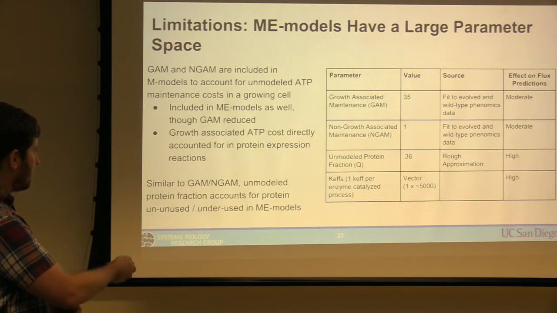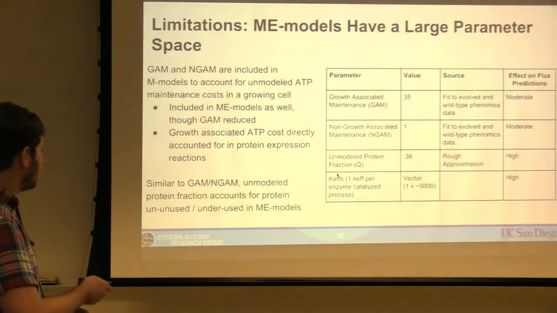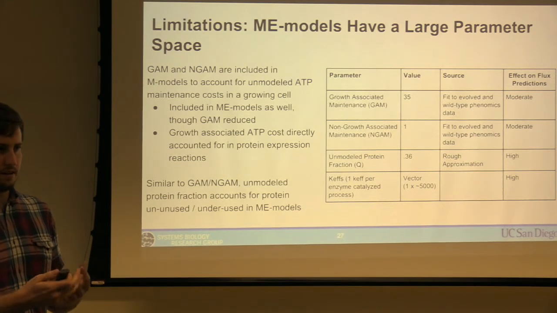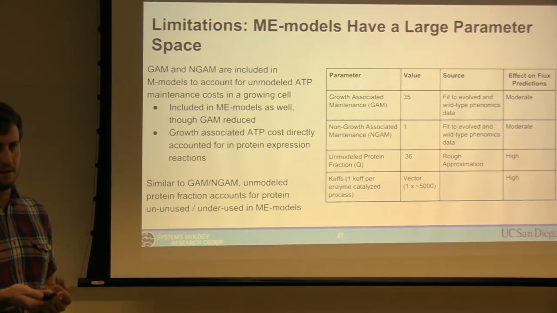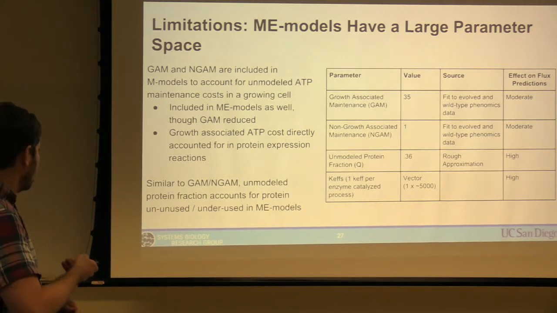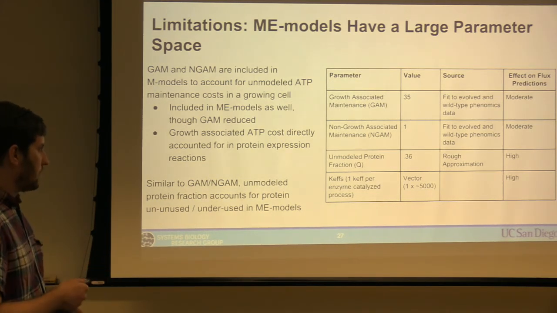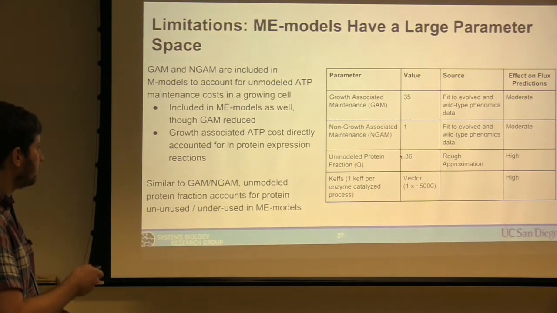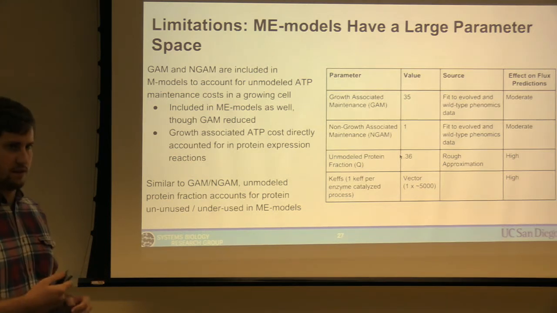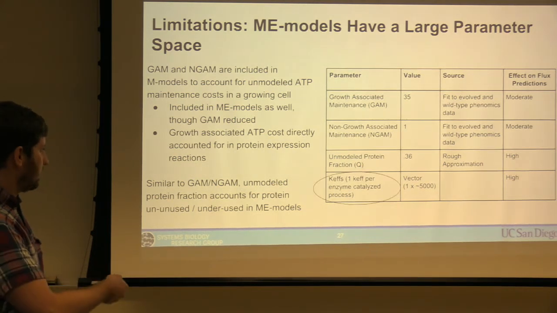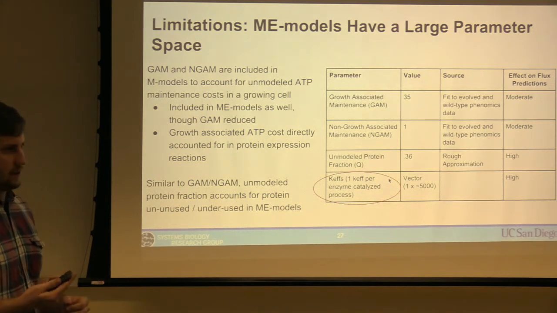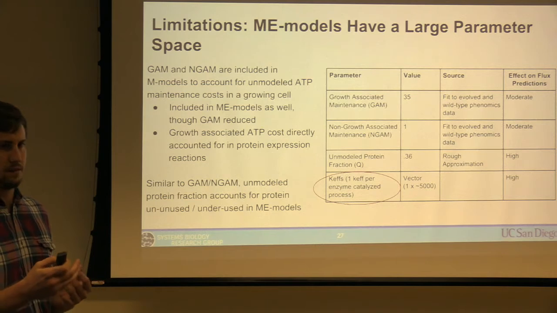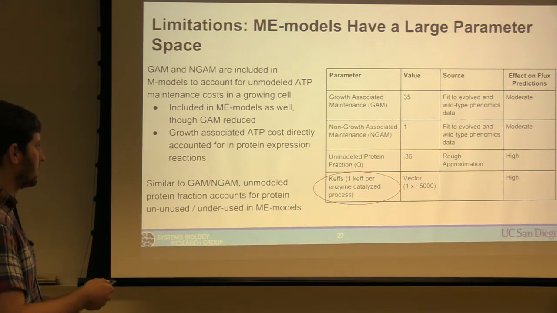But we have this extra term, which we call the unmodeled protein fraction, which basically accounts for all the protein that either aren't required for a model to solve due to gaps in our knowledge, or because they just aren't included in the model at all. And in this case, it's set at about 35%. But the real parameter that gives us the most headache is this K-effective vector, basically the efficiency of each metabolic enzyme to catalyze its reaction or function.